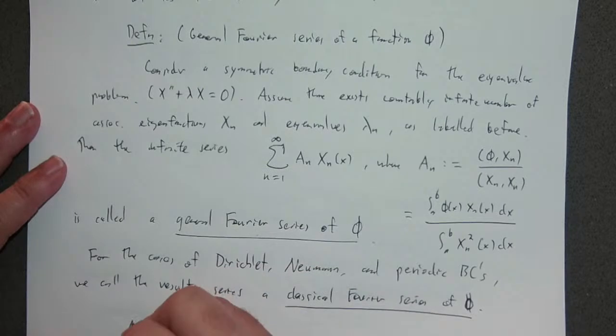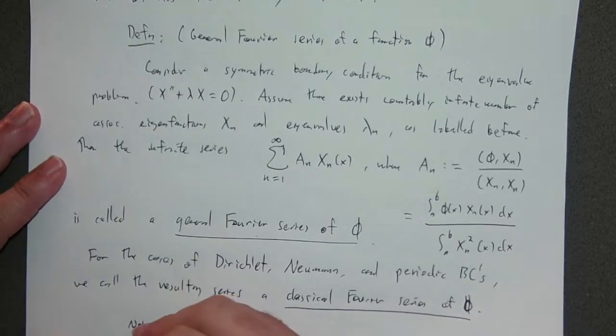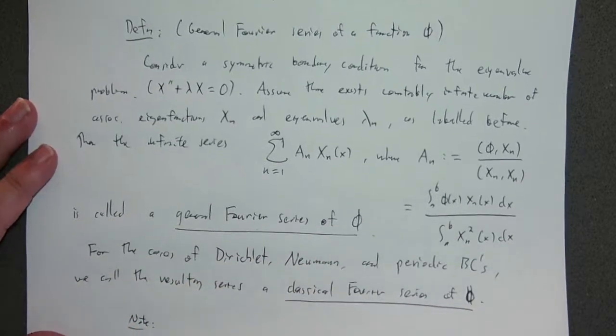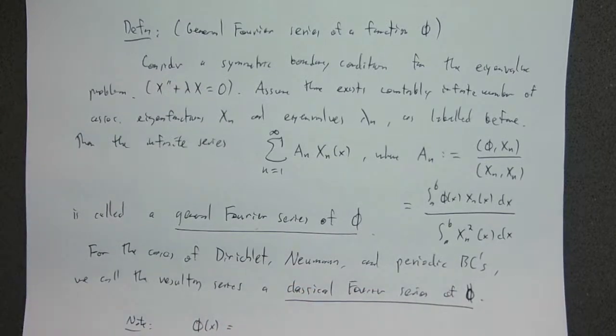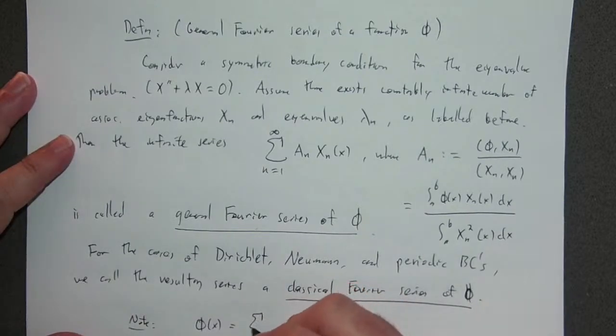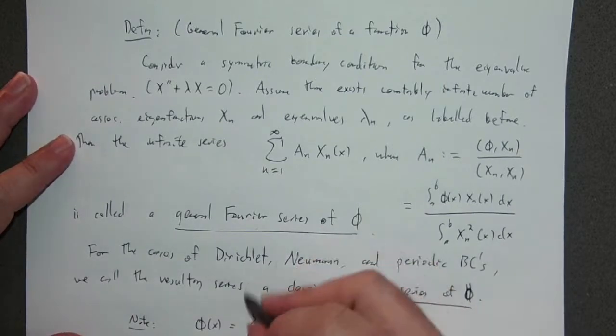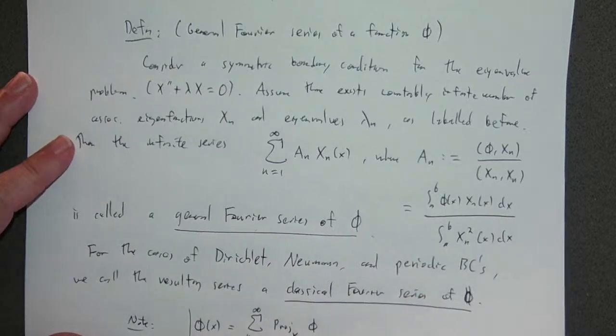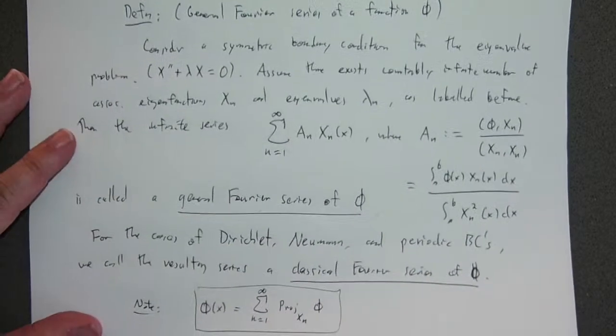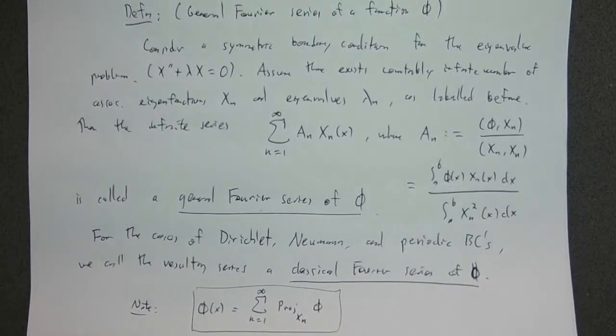Note, if all of this is true, then phi of x is being written how? Right? Phi is being written as an infinite sum of the projection of phi onto these eigenfunctions x sub n. Okay, in the notation of yesterday.